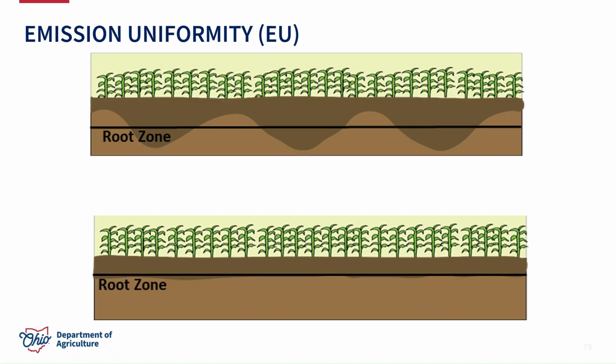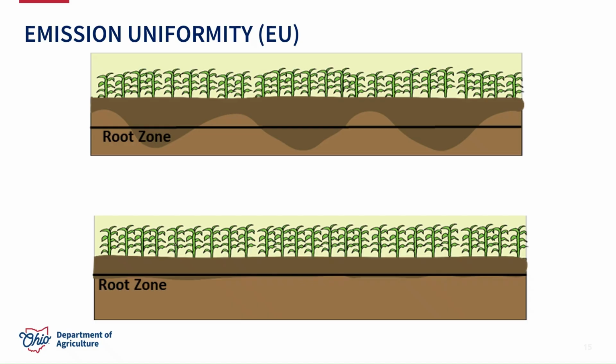Transitioning a bit into some terminology about irrigation, and that'll come into play later in our microirrigation discussion, is emission uniformity, or EU. As you can see in the two pictures, top and bottom, we'll start with the top. We have a crop field, with darker soil representing irrigated or moist soil, and the lighter brown is the dry soil.